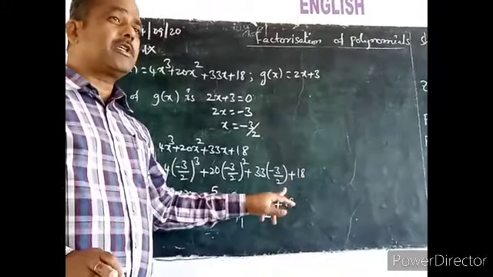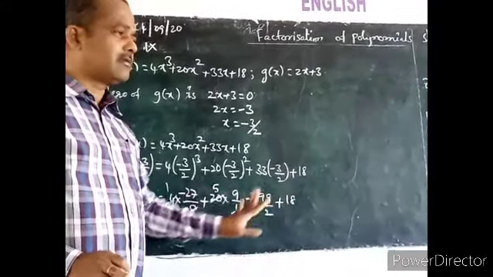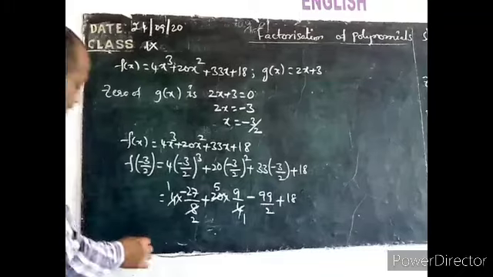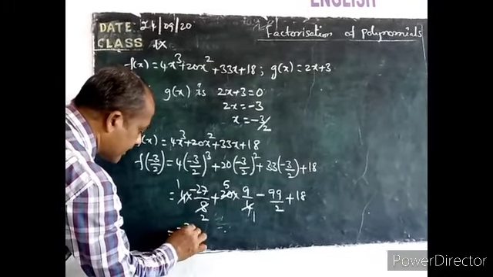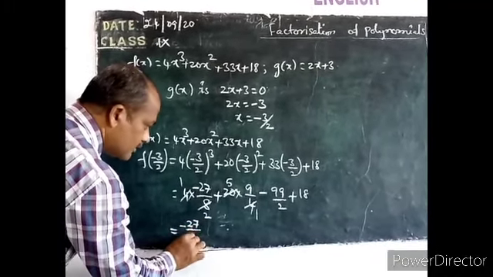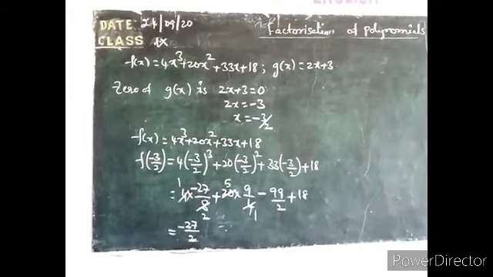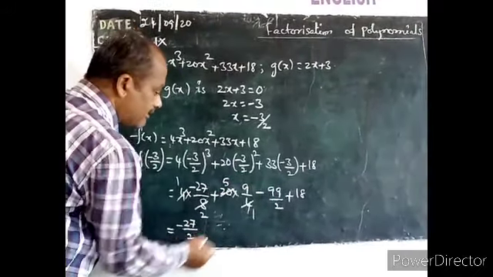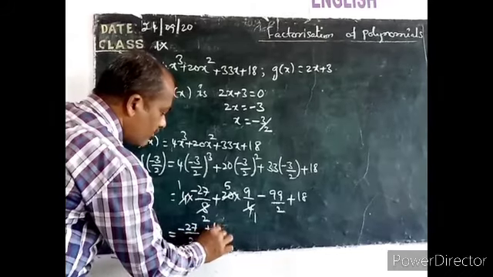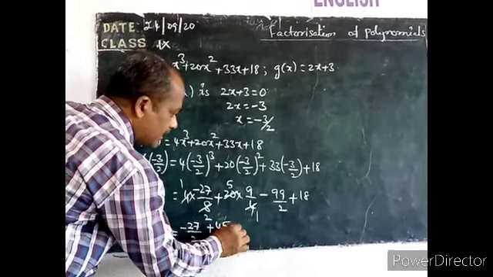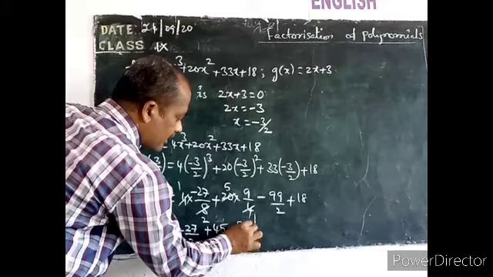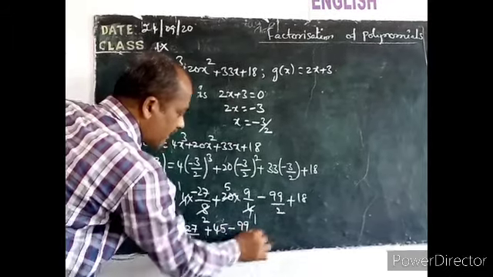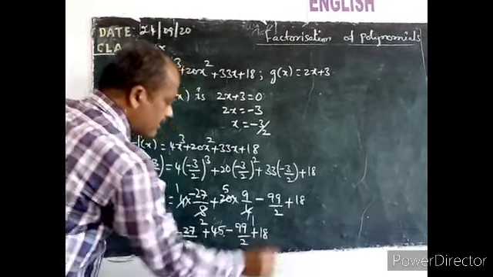If it is in multiplication form, then only you make cancellation. Alright, what remains here? Minus 27 by 2. Okay now? By 2. 5 9s are 45, minus 99 by 2, plus 18.